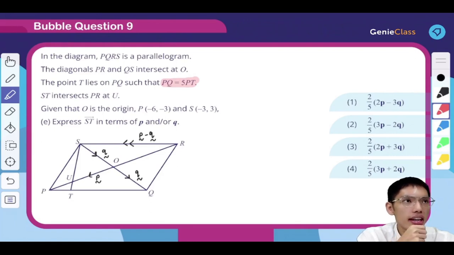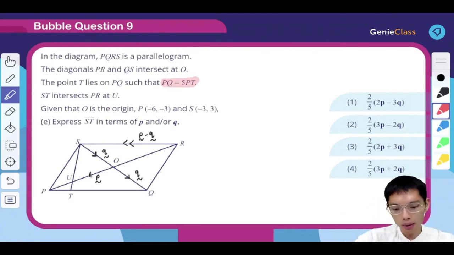Last 20 seconds. Now from here, PS is actually what you need to solve first in order to get this question down. Okay, so take note, we have just a little bit more. Last 4, 3, 2, okay, this one is a little bit hard, so let me go through first.